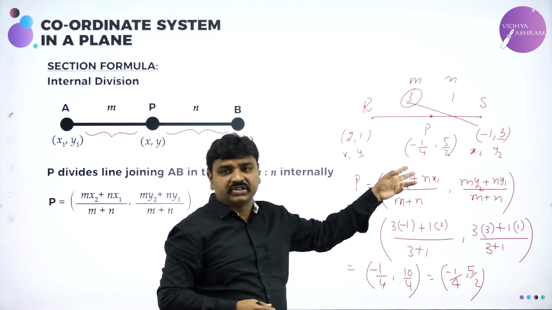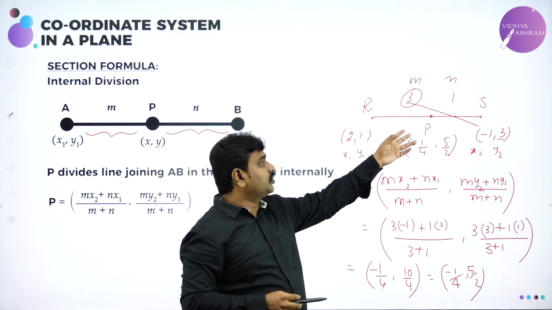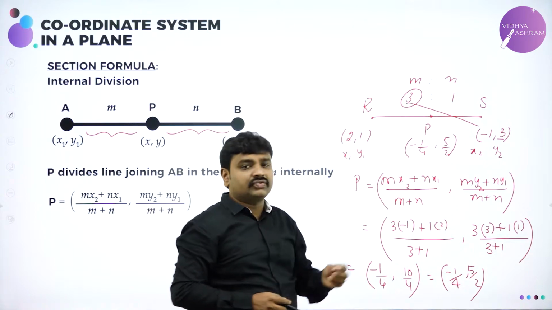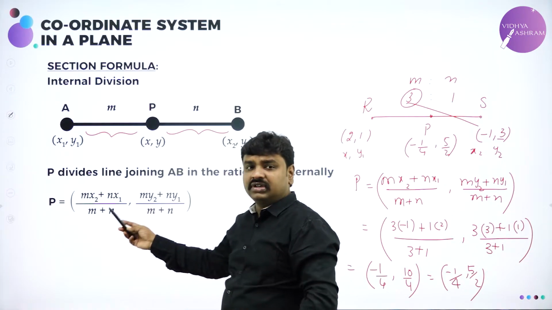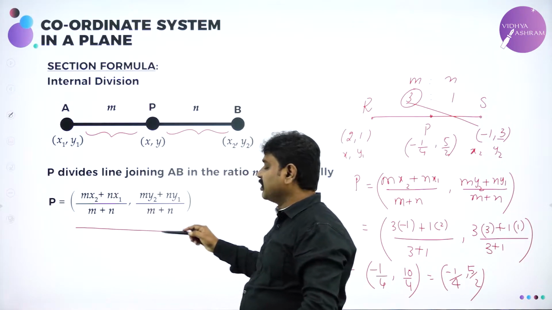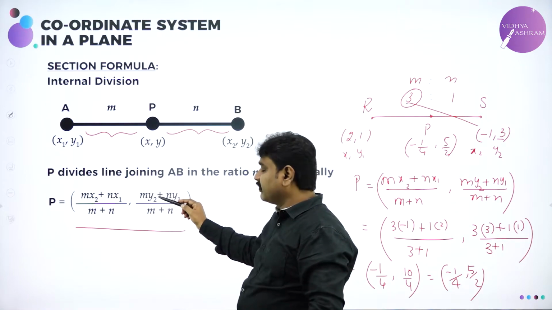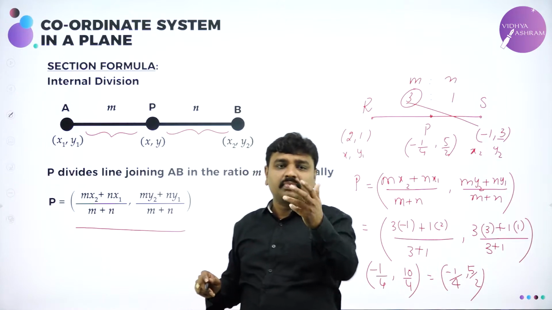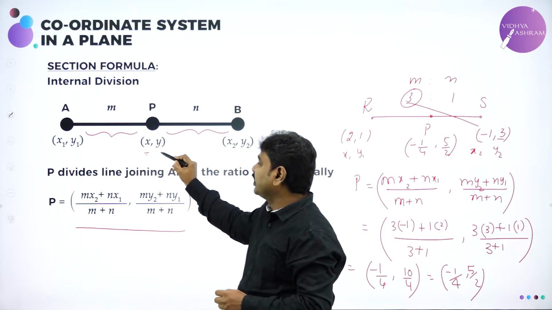The point of division. So now if they ask you to find a point which divides RS in the ratio 3:1, we use section formula. What is the section formula for internal division? mx2 plus nx1 divided by m plus n, comma, my2 plus ny1 by m plus n. See, point of division is also a point. Point will have x coordinate as well as y coordinate.